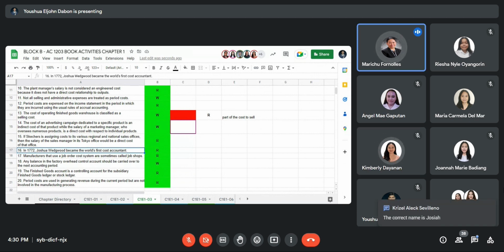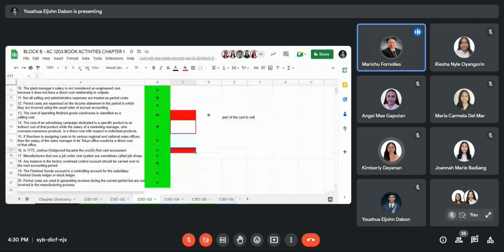So that is false. It's Josiah, not Joshua. Diba? So number 16 is false. So you'll have to answer W for number 16. So again, numbers with false statements are 1, 3, 11, 14, 16, and 18.